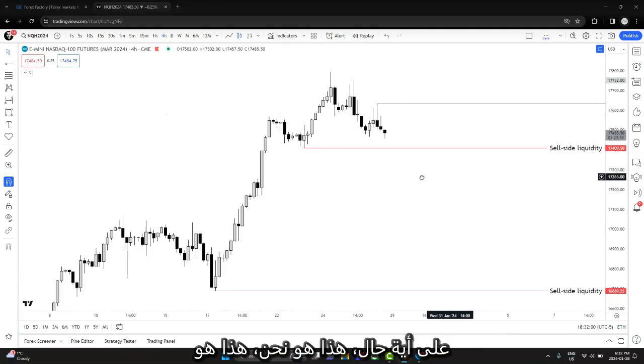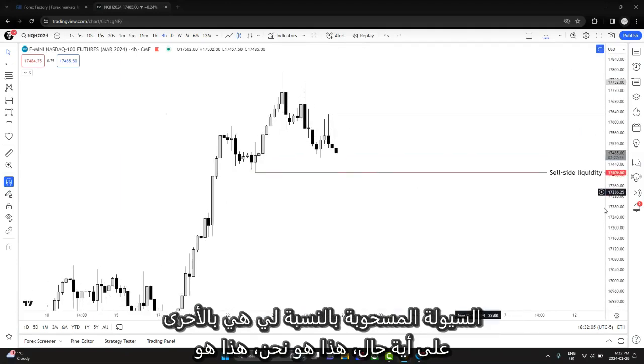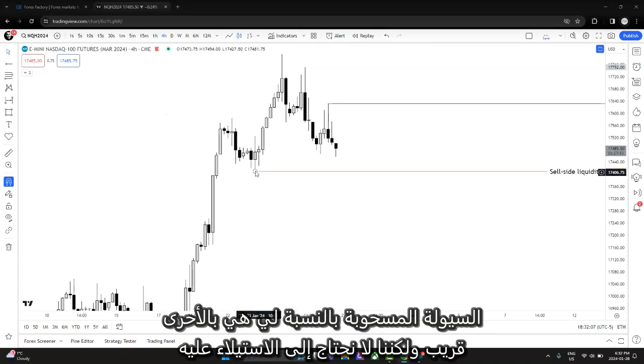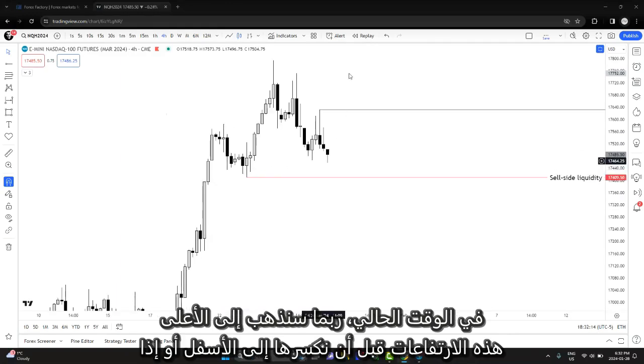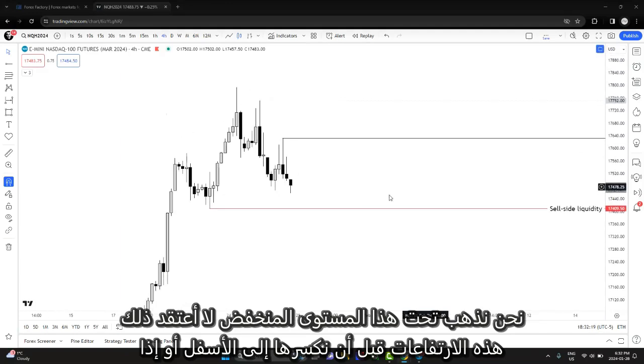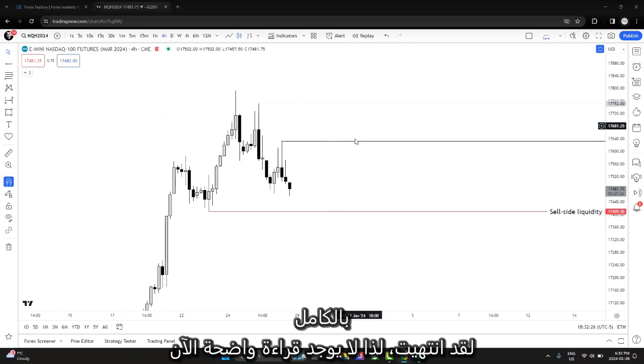Anyway, this is a drawn liquidity for me. It's rather close, but we don't need to grab that right now, right? We'll probably go above these highs before we break lower, or if we go below this low, I don't think that the uptrend is completely finished.